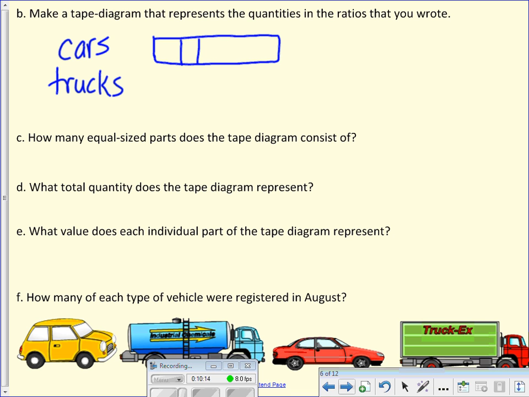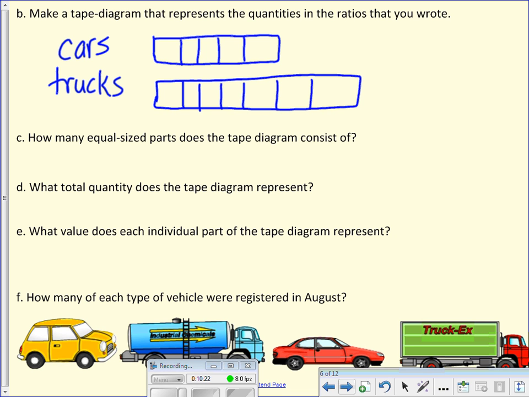Thank you. You have your notes to look at. I did not do a very good job of drawing my boxes all the same size, but you know that you should. And also the 5 cars should line up nicely with your 7 trucks.